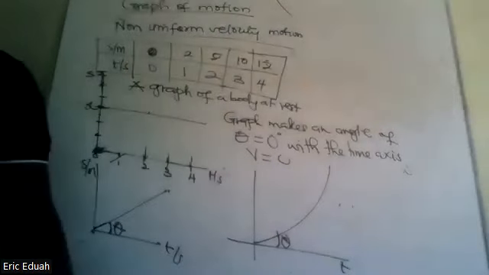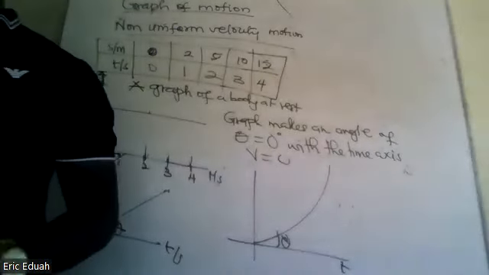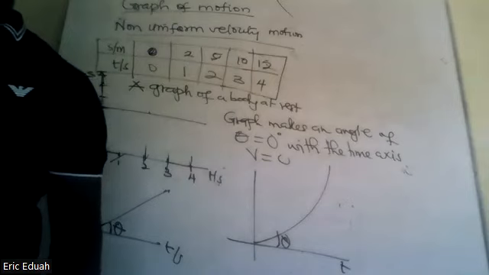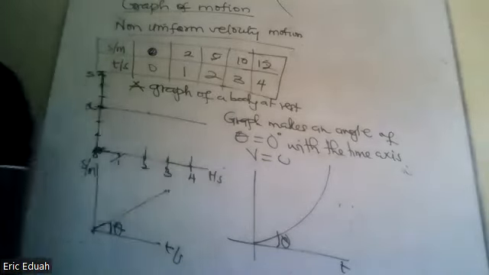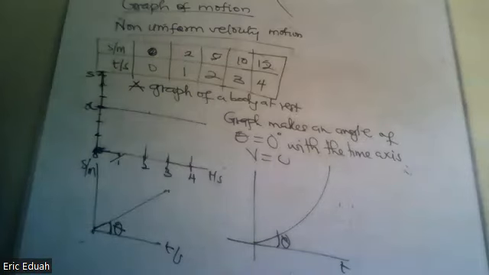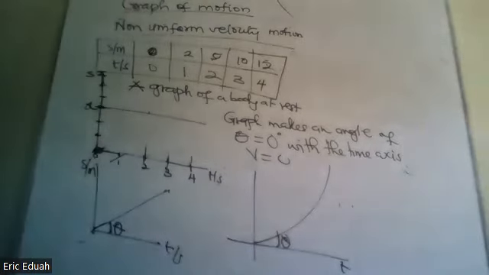So the velocity would increase. The velocity along the line would increase. Hence, the body does what? Accelerate. Okay, we have some linear motion.